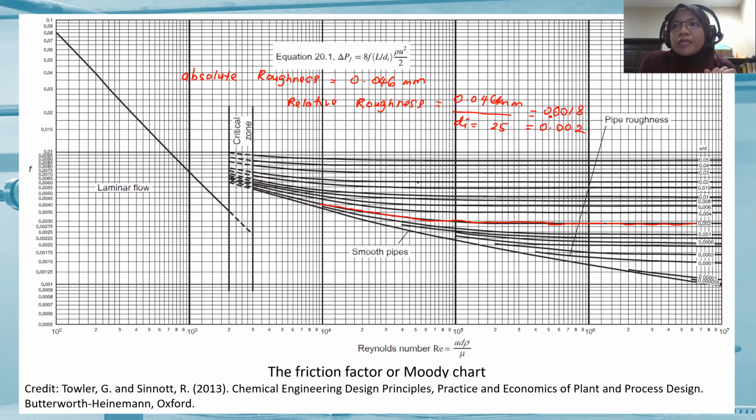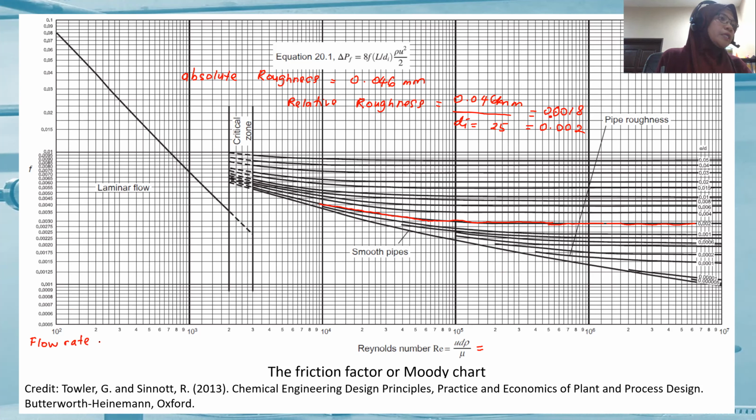Now let's recalculate our Reynolds number. We gather the information. We need to have U, which is the velocity we get from the flow rate that we've been provided. I'm going to doodle around here, sorry, it will look messy.